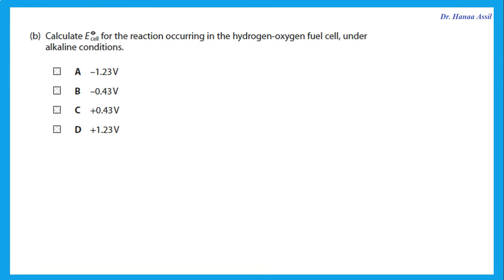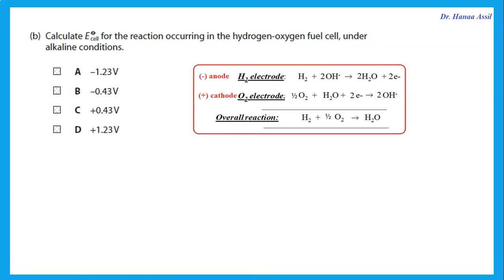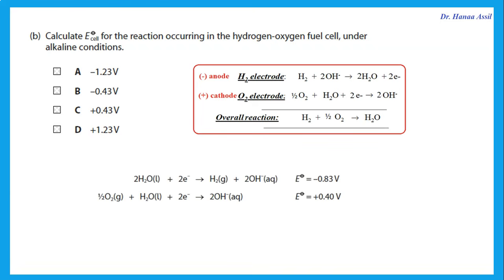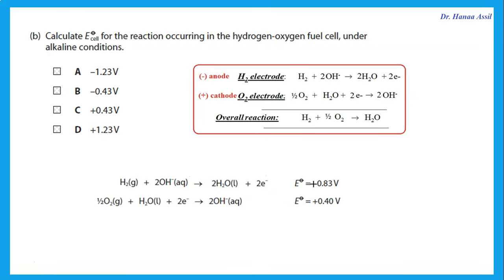Calculate E cell for the reaction occurring in the hydrogen-oxygen fuel cell under alkaline conditions. So these are the equations that we have under alkaline conditions, and this is the information that we were given at the beginning of the question. For that first reaction to give hydrogen, we need to invert it because we're starting with hydrogen and we're going to end up with water.